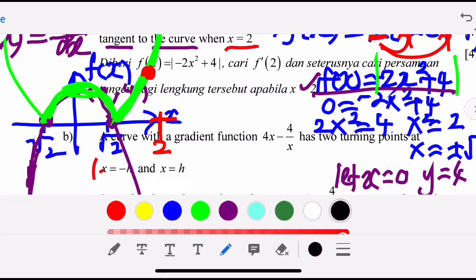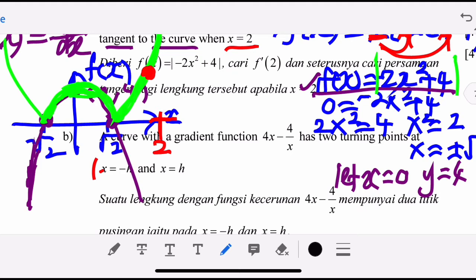You see, I use a black color. Let's say this is a tangent. It touches the red point, and it's a straight line. This straight line passes through x equal to 2. When x is 2, you can substitute into here: negative 8 plus 4 is negative 4, so it will be positive 4, right?